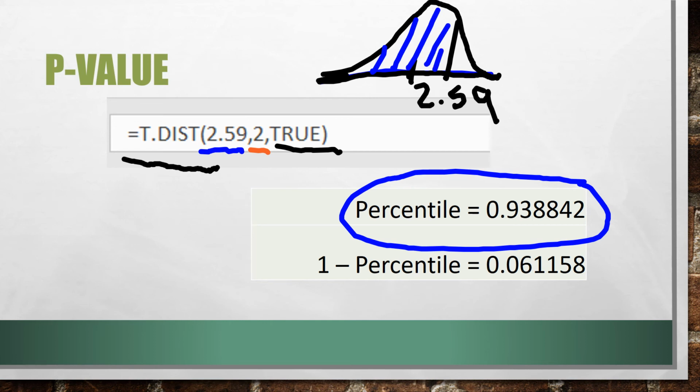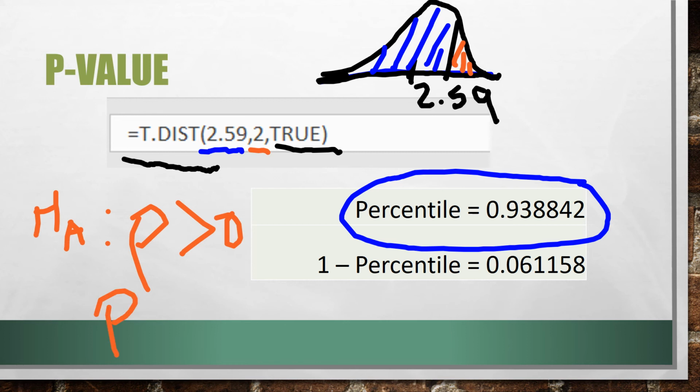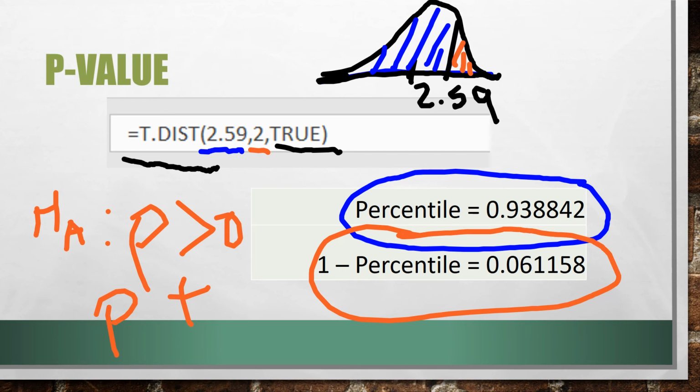But what we want is this orange area I'm shading here, right? Because remember, our alternative hypothesis was that rho is greater than 0. We thought rho would be positive. So we want to look on the right side. Remember, when we want to look on the right side, the whole distribution is 1, so we do 1 minus the percentile to get the orange part. And the orange part is 1 minus the percentile, which is 0.06. So this is actually our p-value in this example.